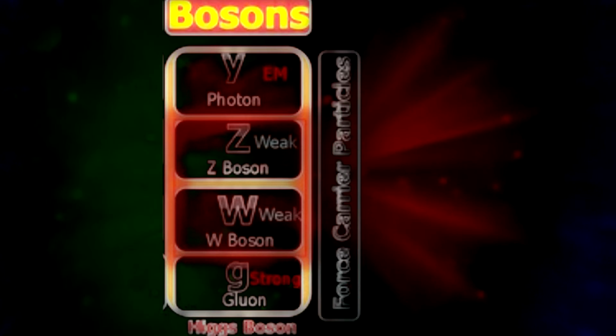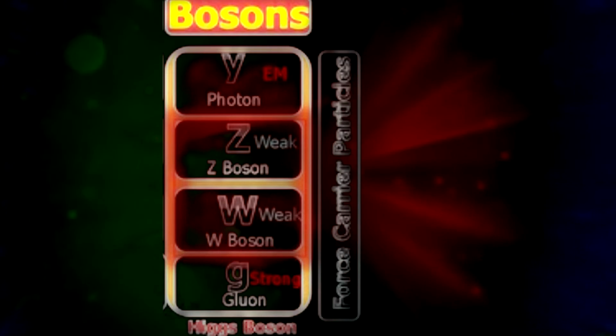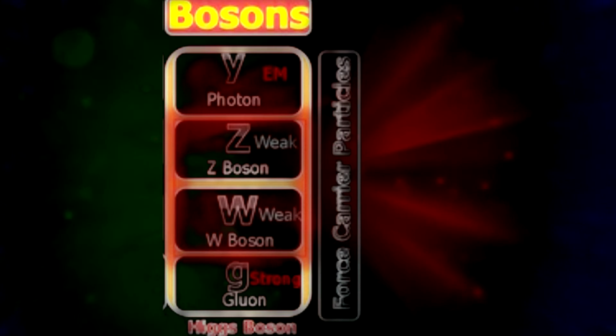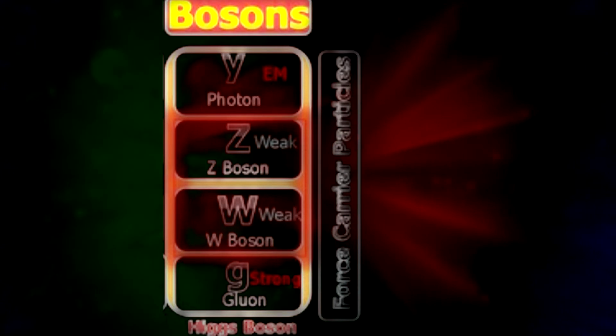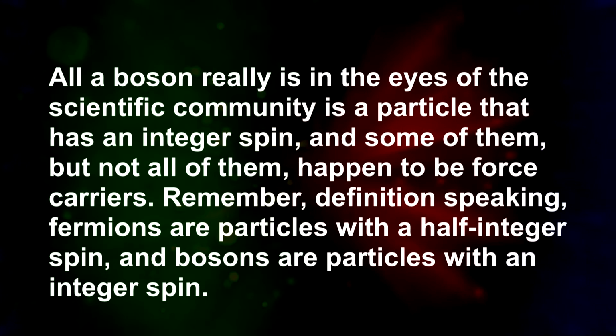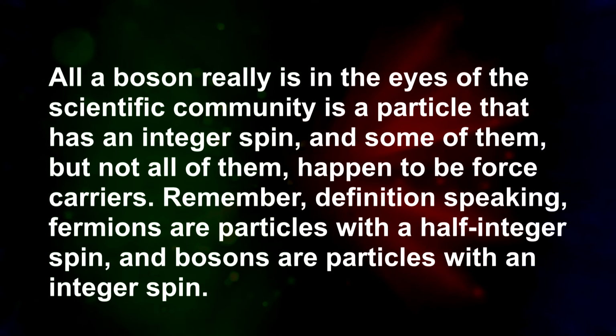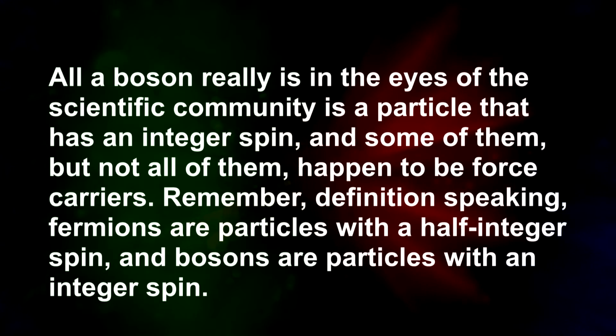If you have heard that bosons are force carriers before, and if you're wondering why a hydrogen atom can be classified as a boson, it is crucial to acknowledge that although bosons can act as force carriers, they don't have to be force carriers at all to be classified as bosons. All a boson really is, in the eyes of the scientific community, is a particle that has an integer spin, and some of them, but not all of them, happen to be force carriers.